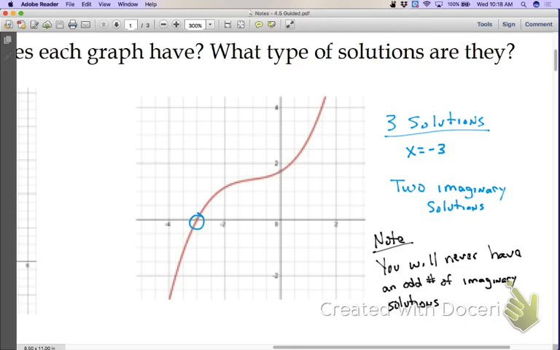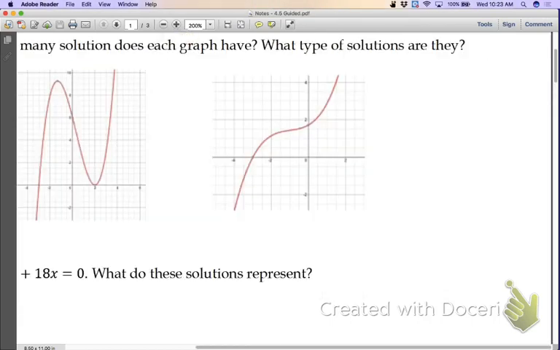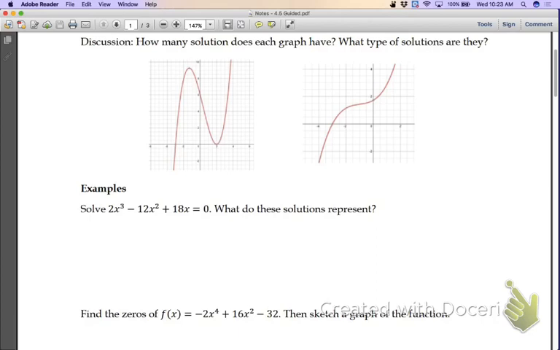So whenever we actually get into solving a polynomial, it says 2x to the third minus 12x squared plus 18x equals 0. If we want to solve it, basically what you're going to do is factor everything out. For right now, you're going to factor to see if you can.